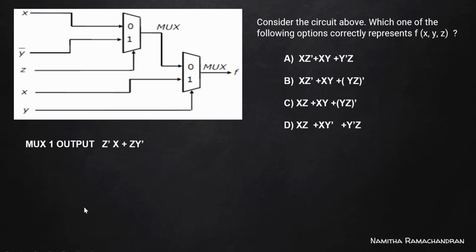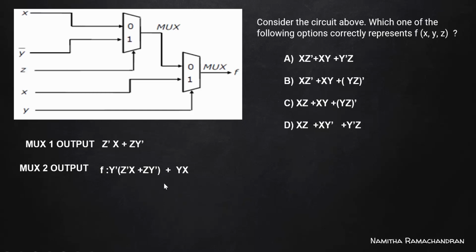So write the detailed expansion like this. Y dash means Y equals 0, then we need to pass this particular input as the output. So Y dash and Z dash X plus Z Y dash, plus, if Y equals 1, X is the output.